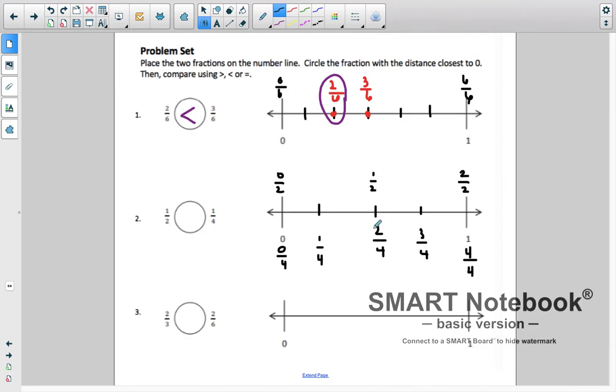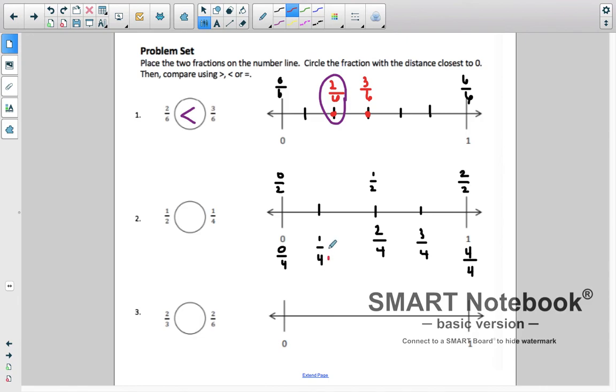The reason that I know that 2/4 would be under this line is because if I look at the halves, 1 plus 1 is 2, and at the bottom 2 plus 2 is 4. So these are equivalent. Same thing with this. 2 plus 2 is 4 right here, and 2 plus 2 is 4 right here. Those are equivalent fractions.